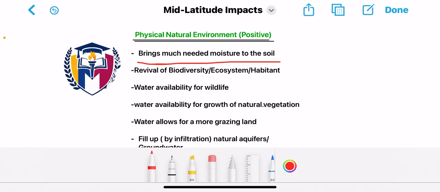Now the ground begins to infiltrate more water or to absorb more water, and it becomes what? It becomes moist. And when it becomes moist, the soil is now good for farming or good to be used, specifically for farming.